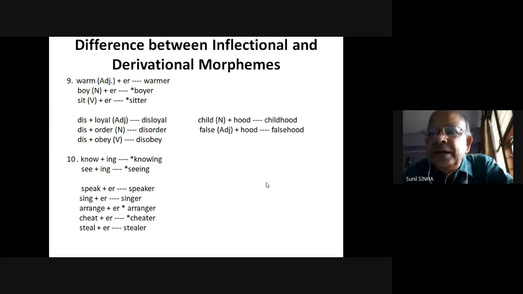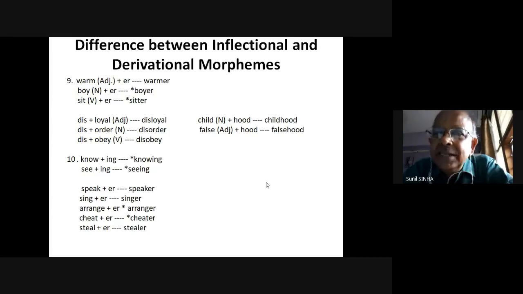And so we get disloyal, disorder, disobey, childhood, and falsehood. But an inflectional morpheme, ER, can be added only to an adjective, warmer. It cannot be added to a noun, boy, or a verb, sit.